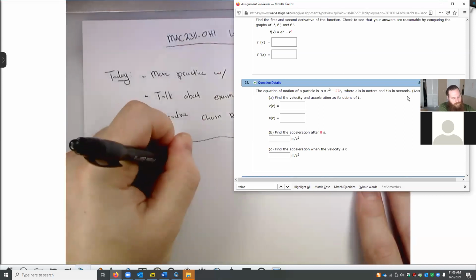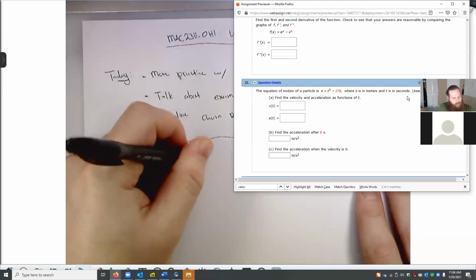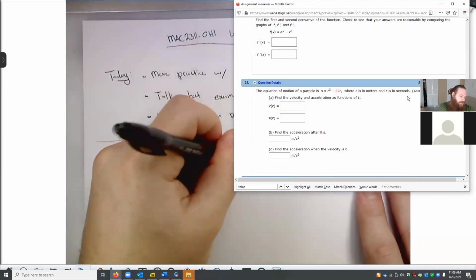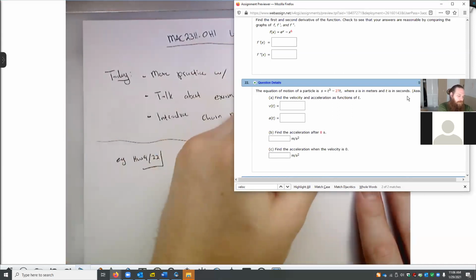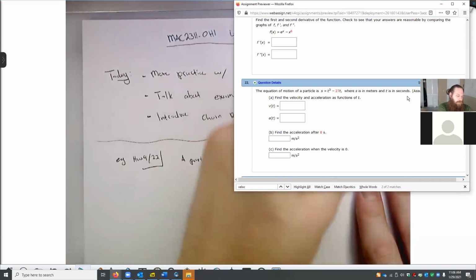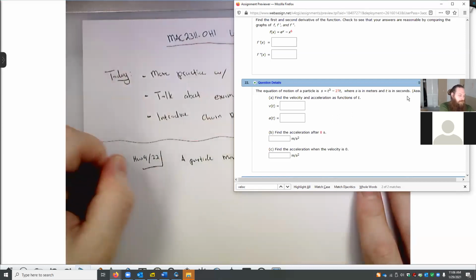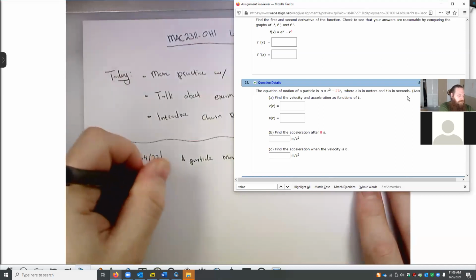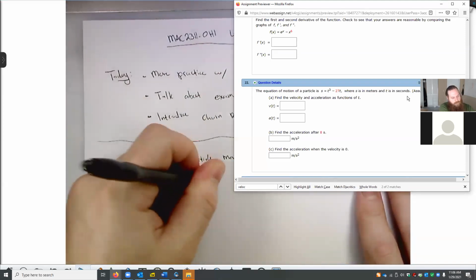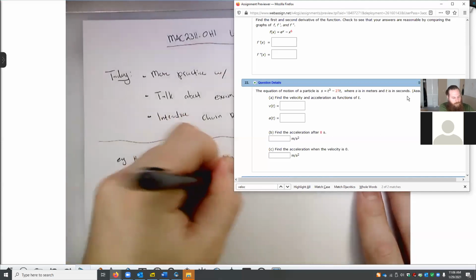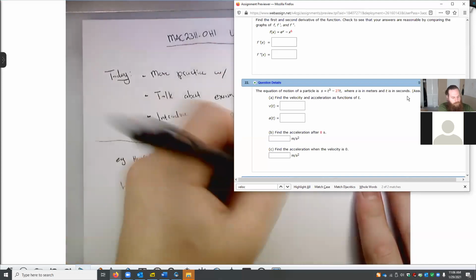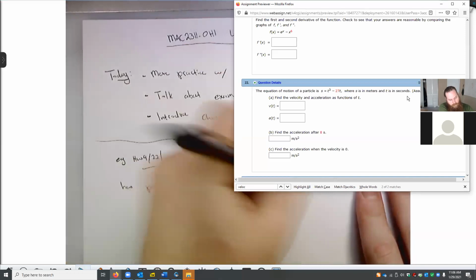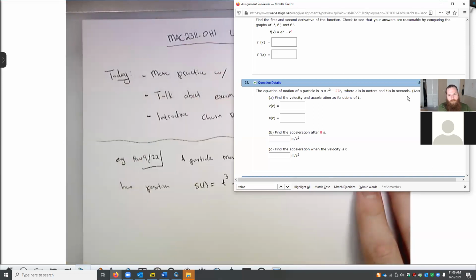And they say that a particle moving along a straight path has position s of t equals t cubed minus 27t, where t is non-negative, greater than or equal to 0. And they say find the velocity and acceleration.